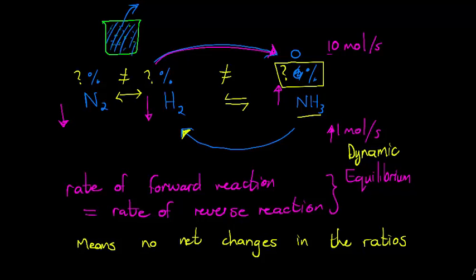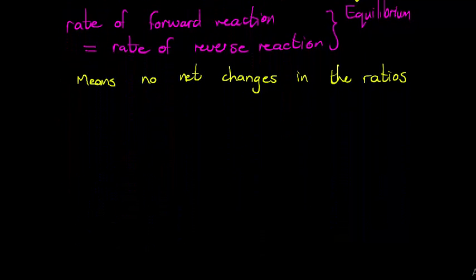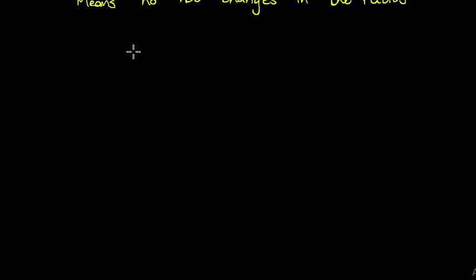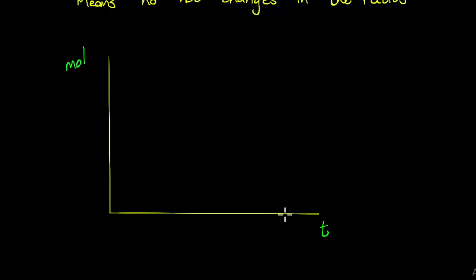What I do still want to look at in this video is a mole versus time diagram, to illustrate dynamic equilibrium visually for you. I think it would be helpful if you just see this in graph form. So let's say we have nitrogen here in blue.